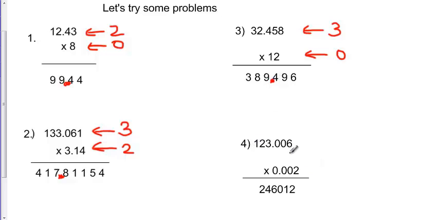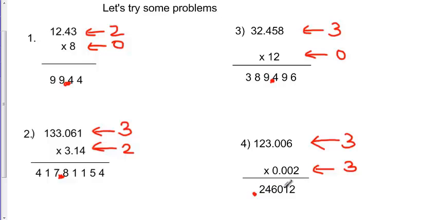Going on to the fourth problem, I have 3 digits after the decimal for 123.006, so that's 3 digits after the decimal, and then I have 3 digits here, which gives me a total of 6 digits. So that's again starting from the right, 1, 2, 3, 4, 5, 6, and I'm going to place my decimal right here.